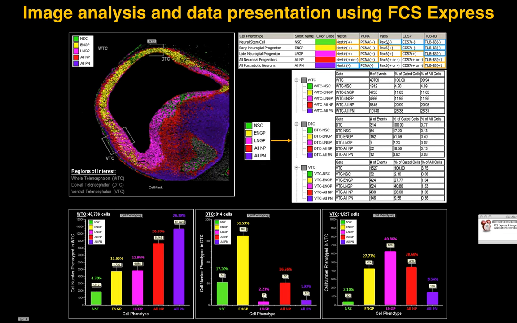What they don't have is the PAX6, which is driving them for asymmetrical divisions. They don't have a neuroglial progenitor marker, CD57. They don't have the tubulin beta 3 marker, which is a marker of neurons. So once you add this Boolean logic, positive for nestin, positive for PCNA, and negative for everything else, you can pseudo-color it in green, and you can immediately see very few stem-like cells. Obviously, this is not perfect because we are only using 5 markers.